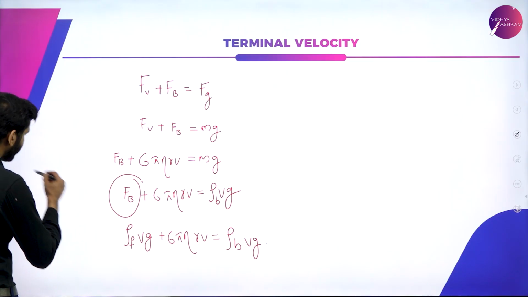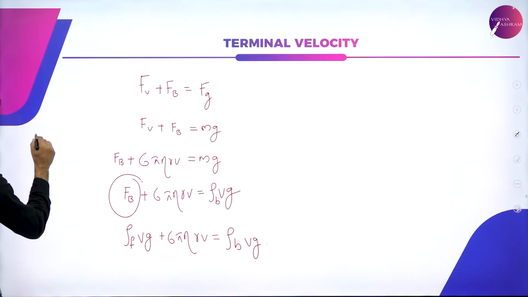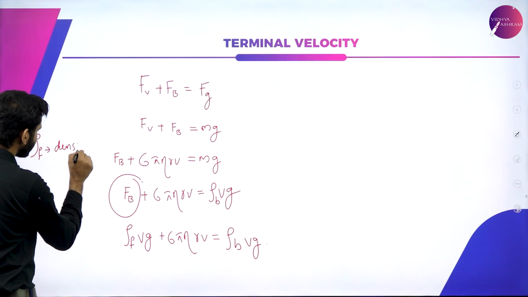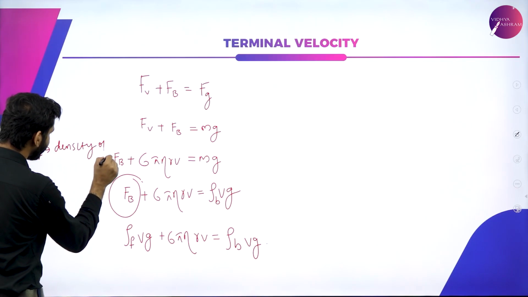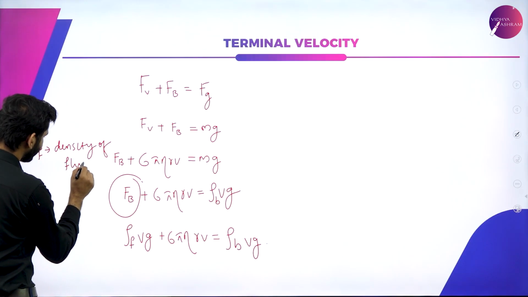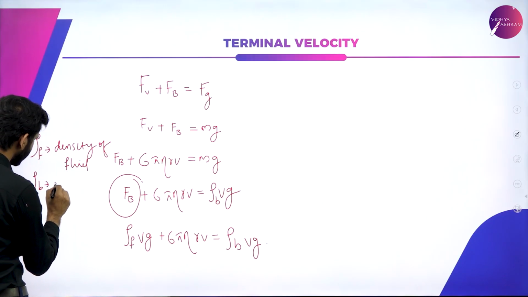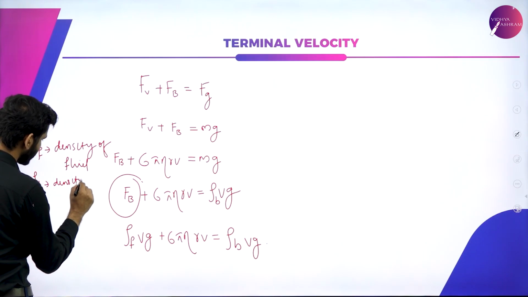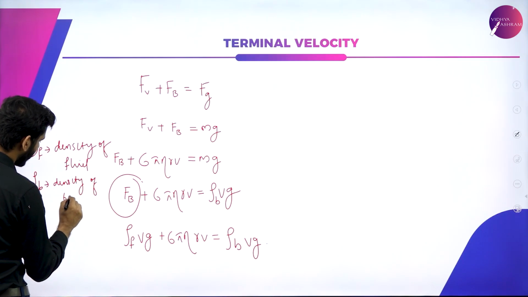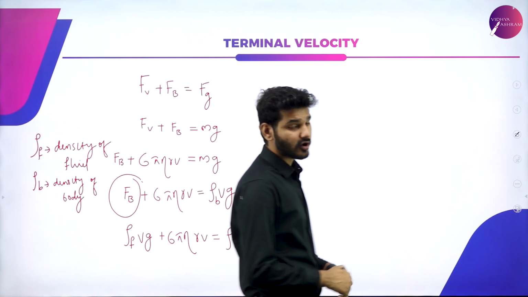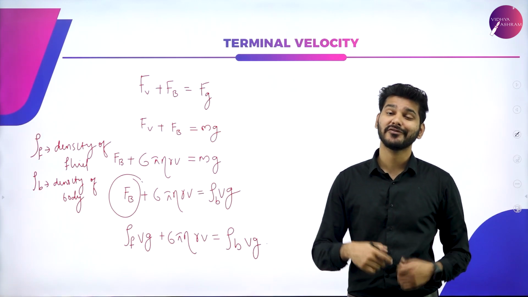And again, remember rho F is the density of fluid and rho B is the density of the body. Remember, one is the density of the body and the other one is the density of the fluid medium.